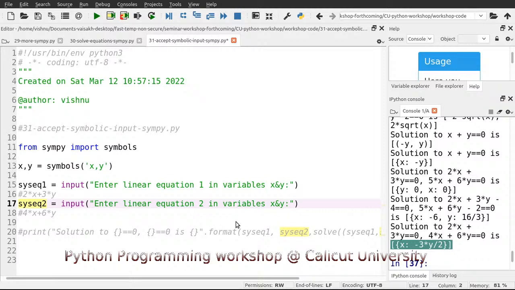Okay, for that, let us try to use simplify for that thing.